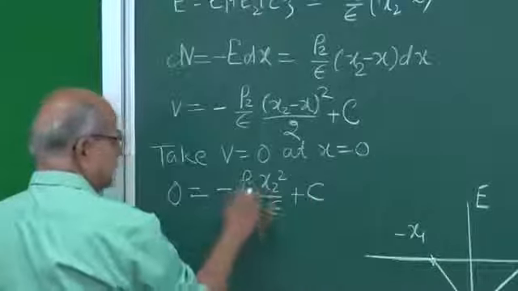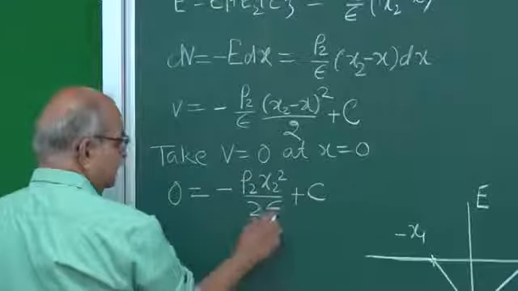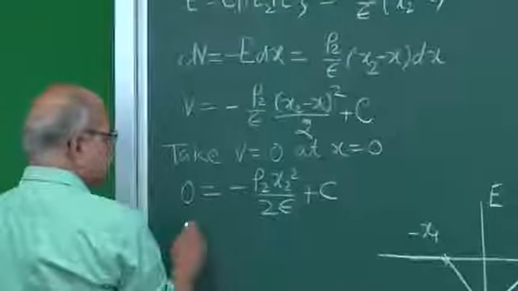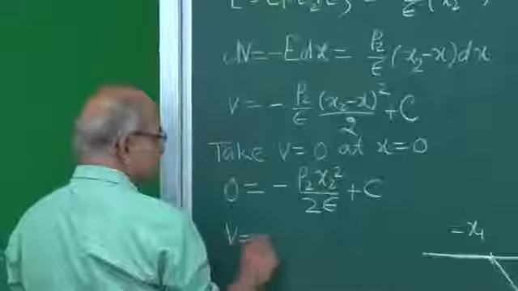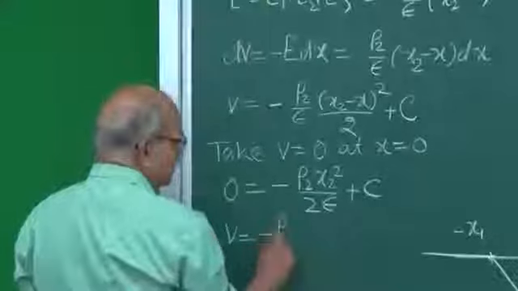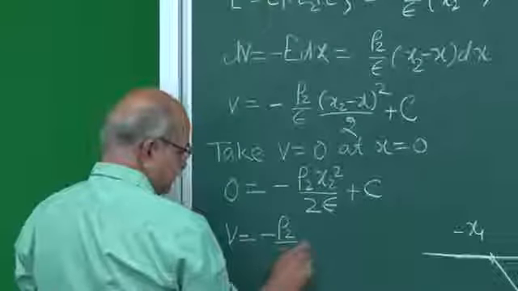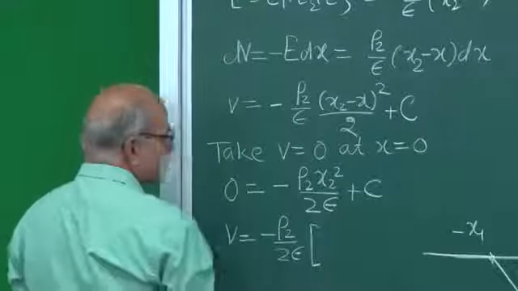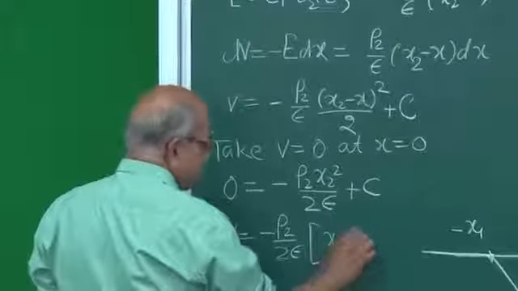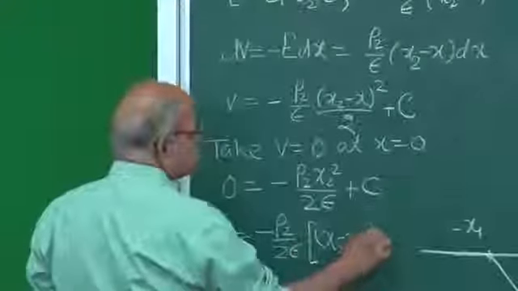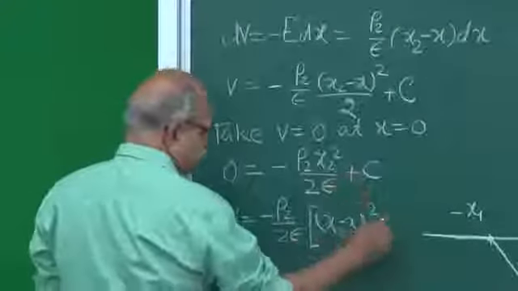So c is rho 2 x2 square by 2 epsilon. So you can put that c there, and you get V is equal to minus rho 2 over 2 epsilon, and then x2 minus x square, minus this x2 square.